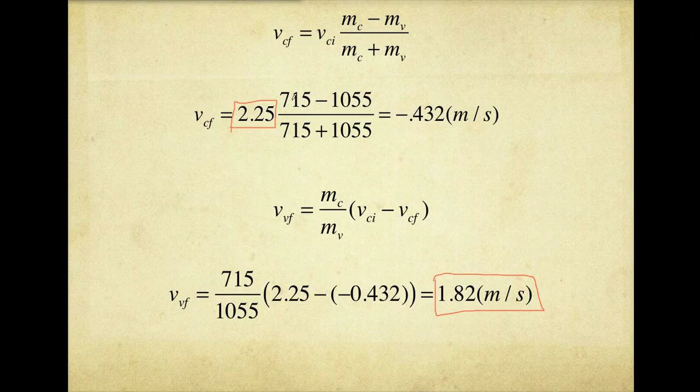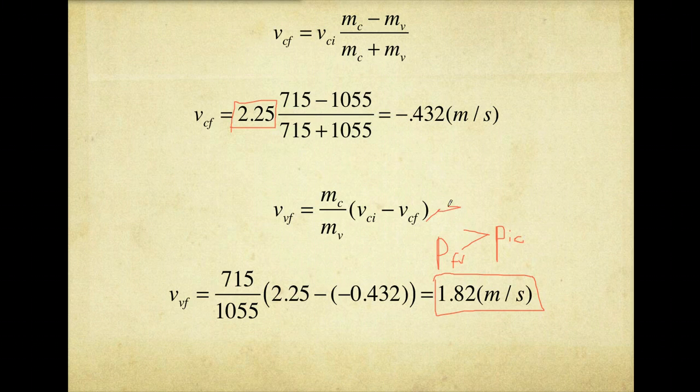So if I take 715 times 225, which was my initial momentum, and 1055 times 182, which is the final momentum of the van, indeed this final momentum of the van is greater than initial momentum of the car. And they were both to the right.